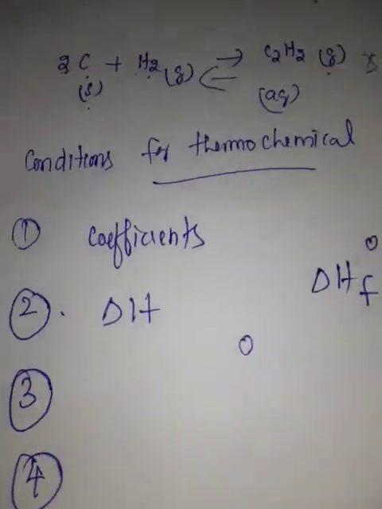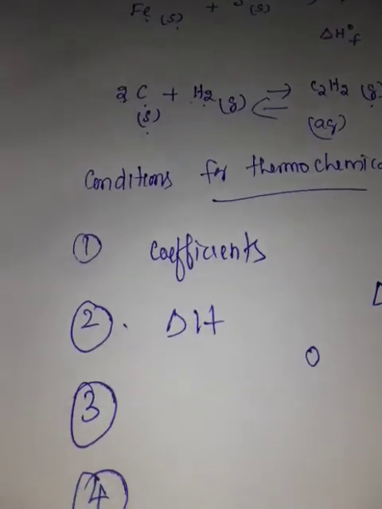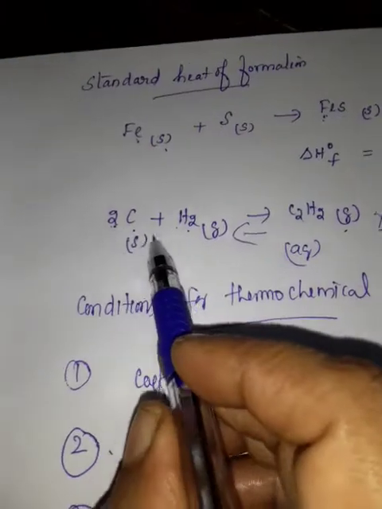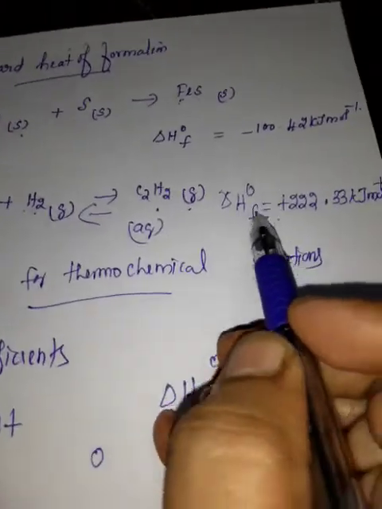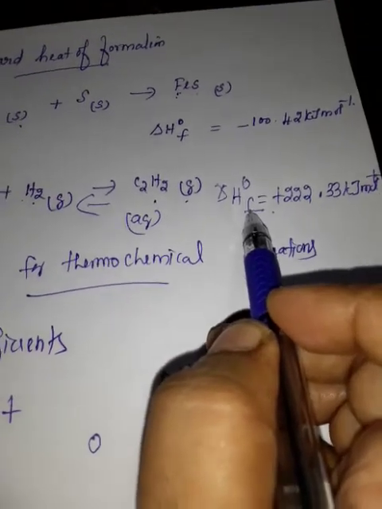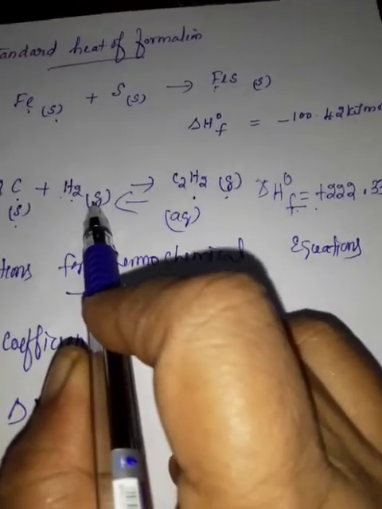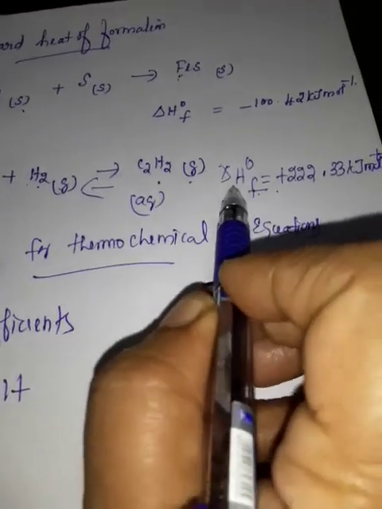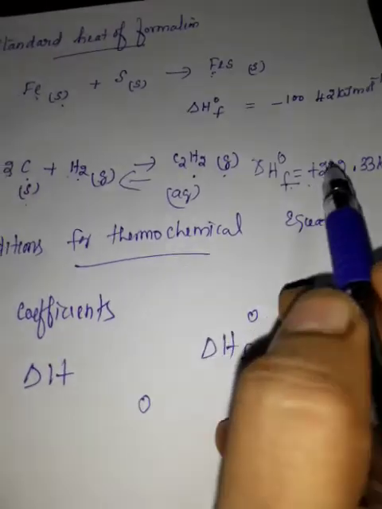Fifth point. If the thermochemical equation is multiplied by a number, then the enthalpy change should also be multiplied by the same number.